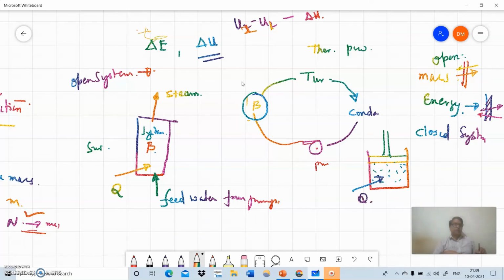So an expansion takes place, and thereby the piston moves up to a new position, right? So here there is expansion work. This boundary is not a fixed boundary, it is called a moving boundary.